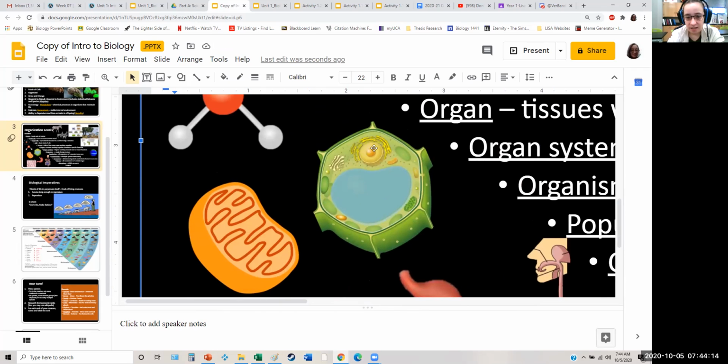Where's the nucleus in this? I do believe this is the nucleus. So this is the nucleus right here for a plant cell. All right.